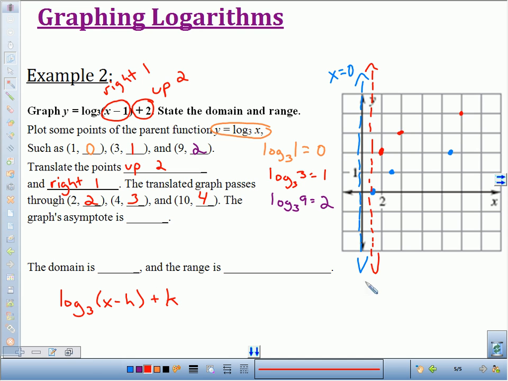Now my asymptote is at x equals 1. So the graph's asymptote is x equals 1. So let's draw a line that connects these guys. The base is bigger than 1, so it's going to be growing. There's my graph.